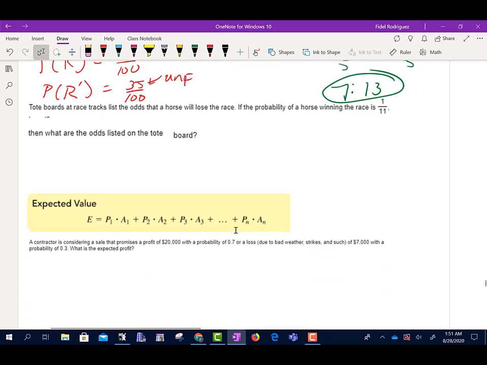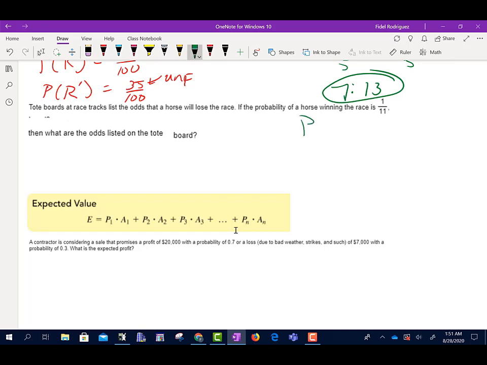So for our next problem here, it says tote boards at racetracks list the odds that a horse will lose the race. Okay, the odds that the horse will lose. If the probability of a horse winning the race is 1/11, what are the odds listed on the tote board?